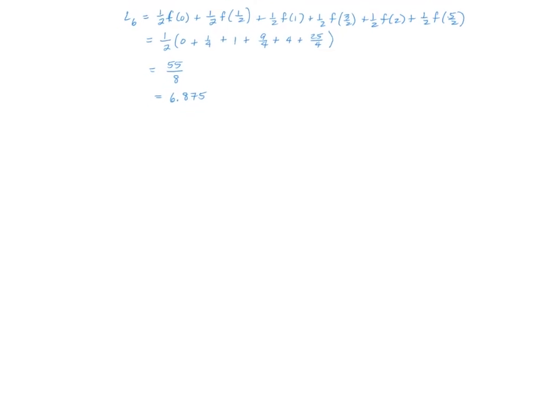So just a quick sketch of what this is. Our function is x squared. We're going to go from 0 to 3, so it's going to be something in here where we partition it all off.